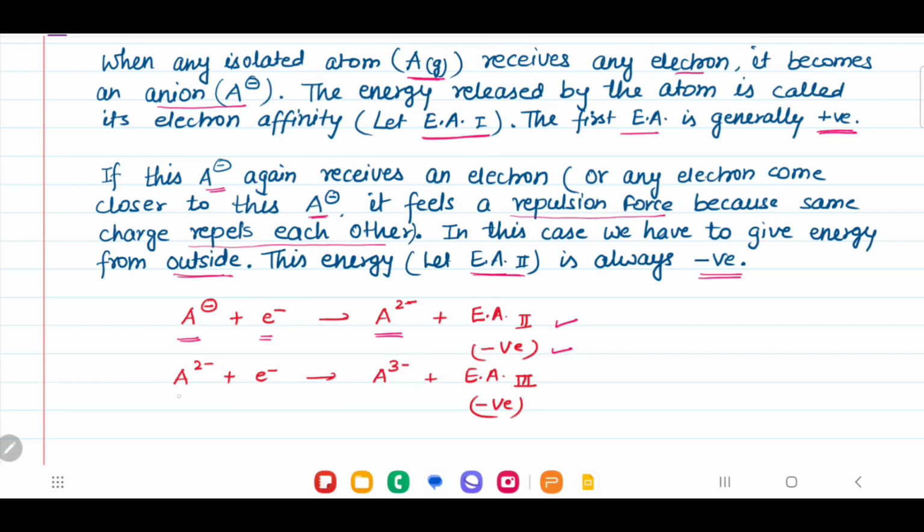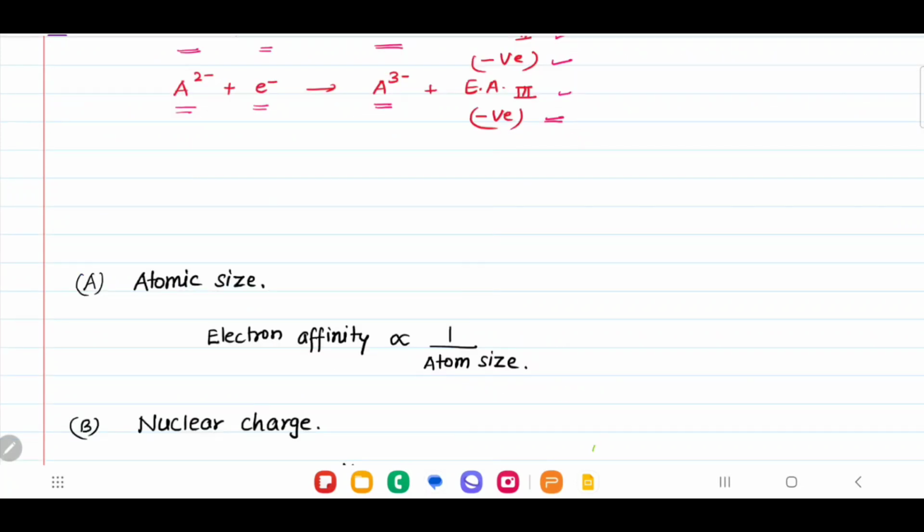In the same way, if this A2 minus is given an additional electron, it becomes A3 minus and the energy given will be electron affinity 3, and this will always be negative because we are giving energy from the outside. Please note that the first electron affinity is always positive, but electron affinity 2 or 3 is negative because we have to give some energy from the outside.